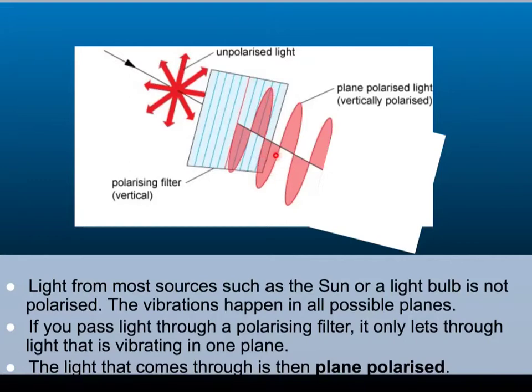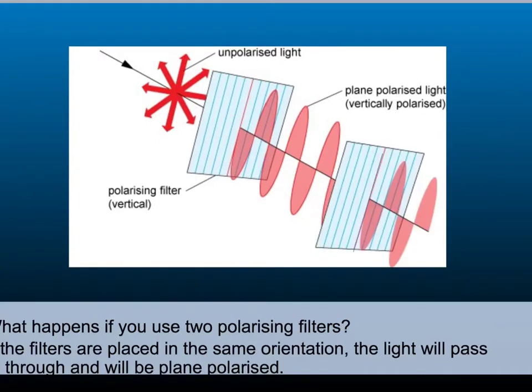So when we come out on the other side of the filter, you have only got vertically polarised light. This is called plane polarised light. A filter like this is sometimes called a Polaroid filter. It only lets light through that is polarised in a certain plane.